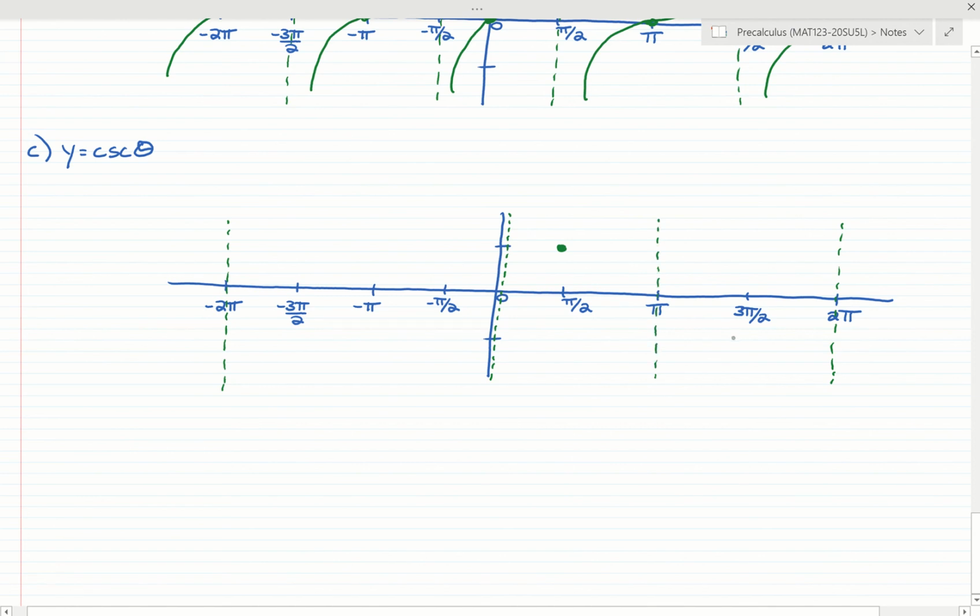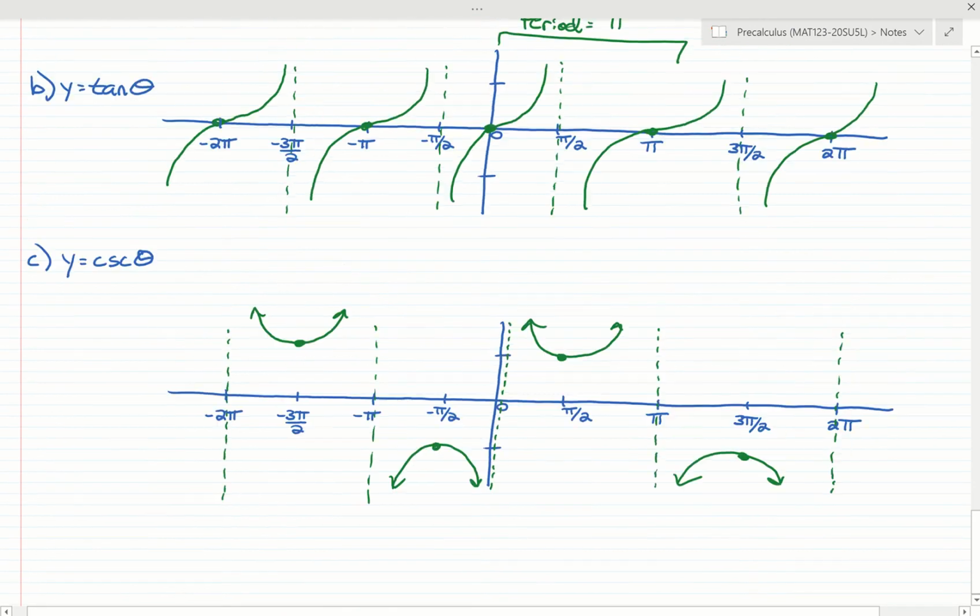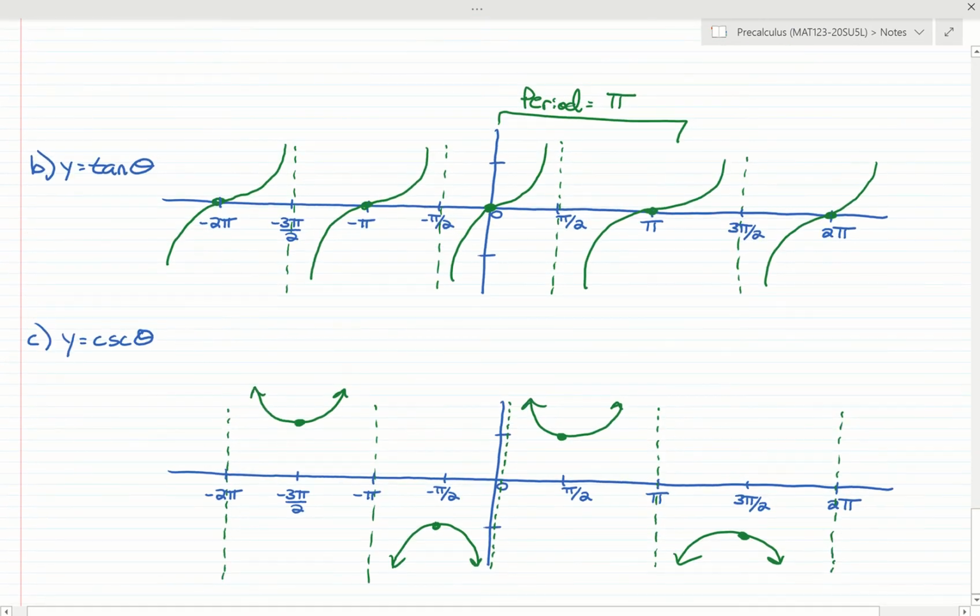And then sine of 270, the y value at 270 degrees is negative 1. So we could start to see a pattern forming here. And that's what we get. Cosecant looked like alternating parabolas, so we'll just draw those in. And that's some practice on graphing the parent functions of trigonometric functions. Stay tuned for our next section.